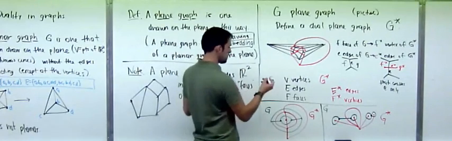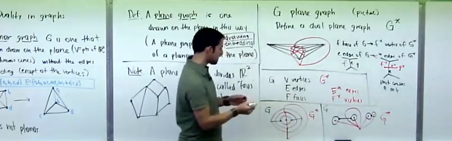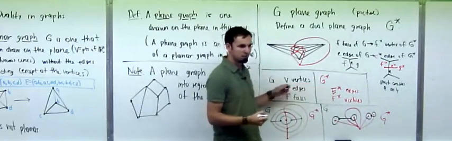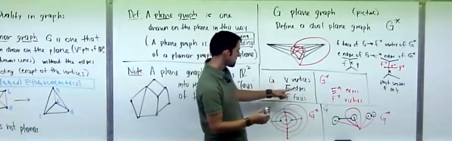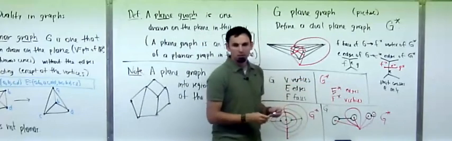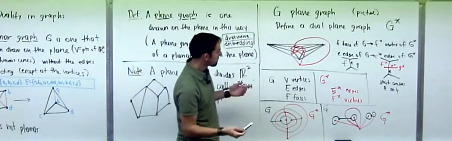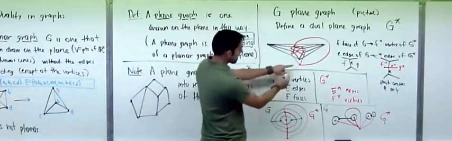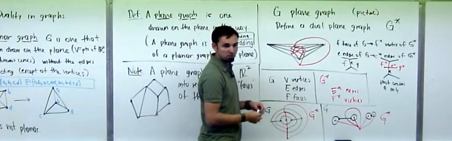Now, if you look at this table that I'm starting to draw over here, there's certainly something missing here, which is, what are the faces of G star? Well, if you just stare at this picture, you see that each face of the red map corresponds exactly to a vertex of the black map.